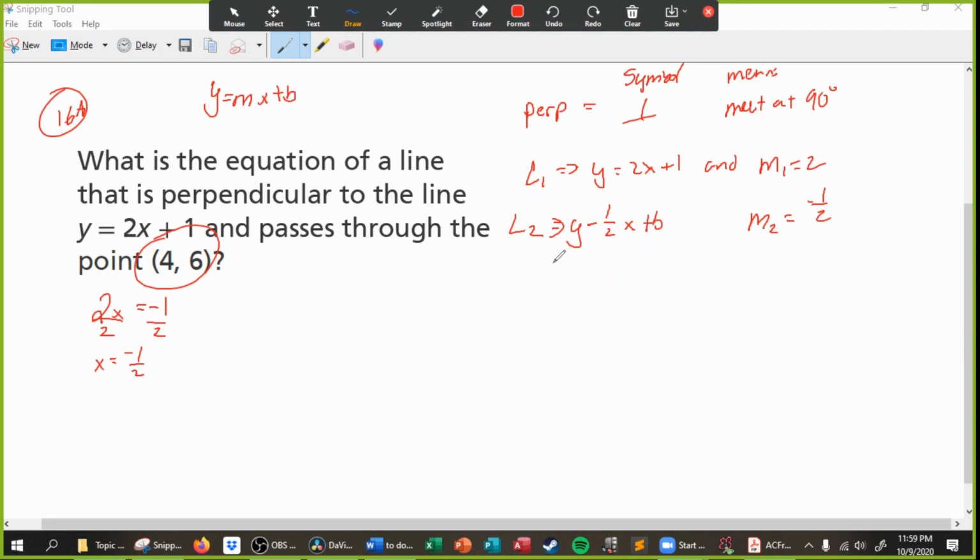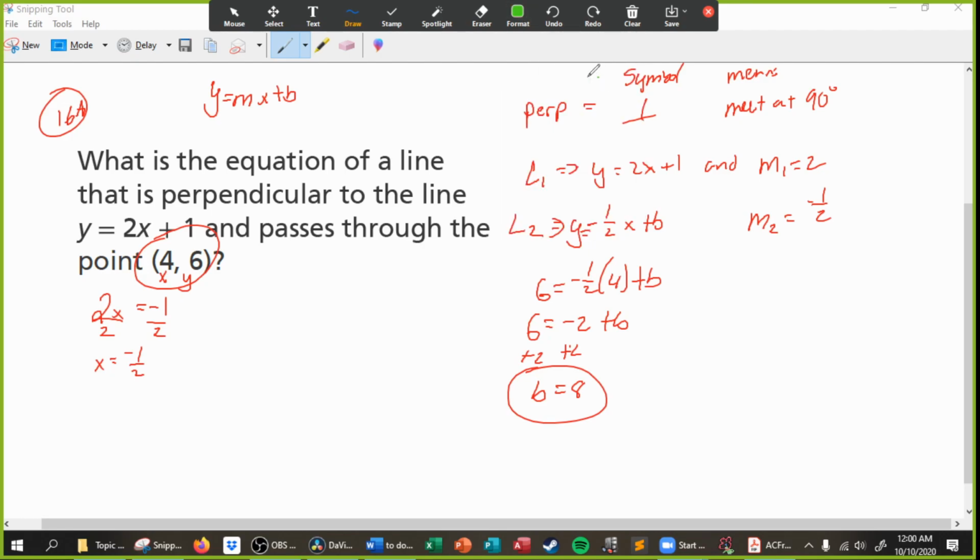Now I know my y value, right? Here's x. Here's y is going to be 6 is equal to -1/2 times 4 plus b. And this is going to give me 6 is equal to -2 plus b. And then add 2 to both sides, and I get b is equal to 8.